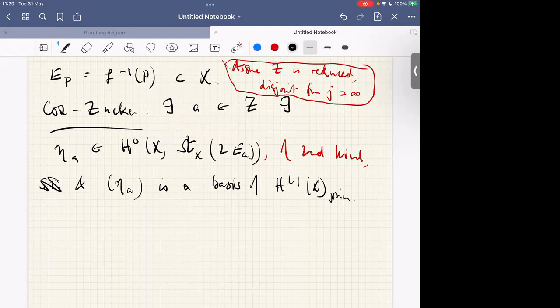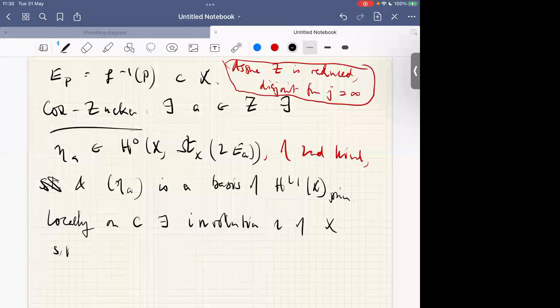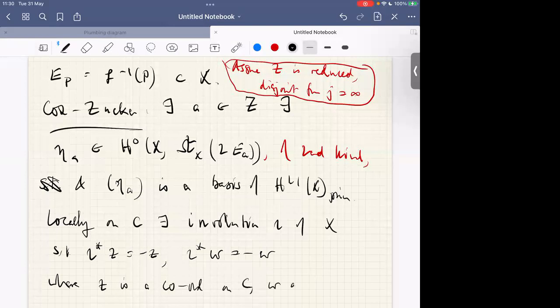The reason for the existence of these etas is that locally on C there exists an involution of X, iota of X, such that iota upper star of z is equal to minus z, and iota upper star of w equals minus w, where z is a coordinate on C and w is a fiber coordinate.